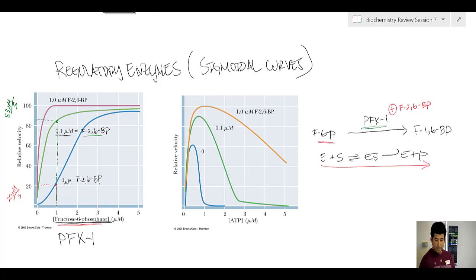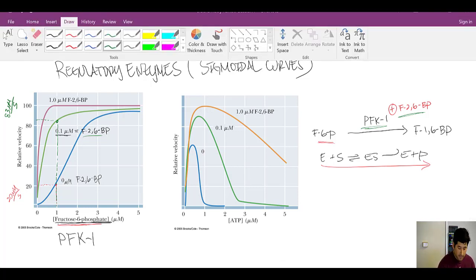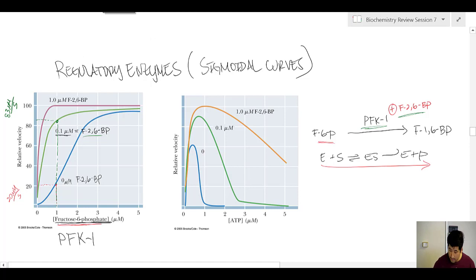So for now, let's not care about what this fructose 2,6-bisphosphate is exactly doing on this enzyme. Just understand that it has made this enzyme do what? It's activated it. It's made this reaction happen a lot faster. So now this is super fast.